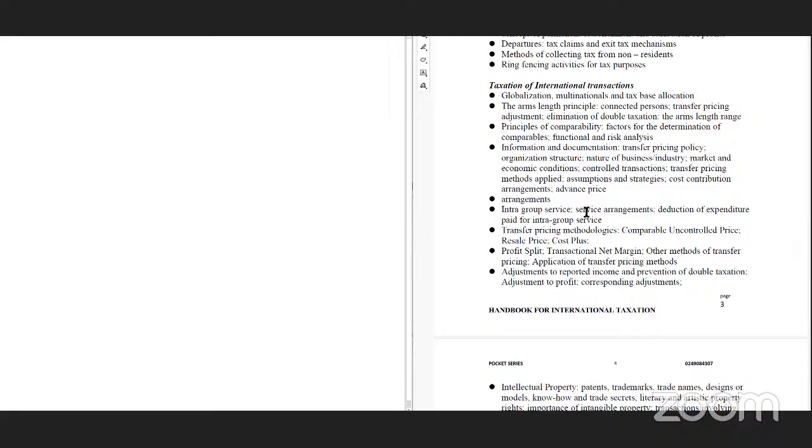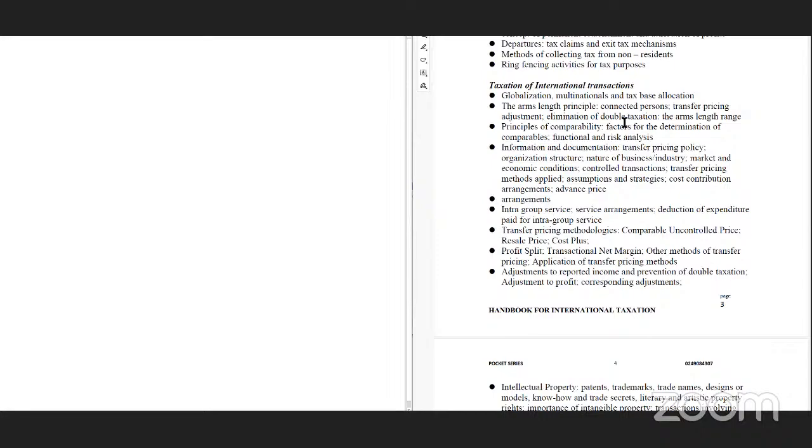Then from there, we come and look at how to deal with transfer pricing. So transfer pricing is a very broad area. So we look at globalization, multinationals, and tax-based allocation. We look at the arm's length principle, who are associated persons, transfer pricing adjustments, how to eliminate double taxation, the arm's length range. We look at comparability and comparability factors. We look at transfer pricing documentation. We come and look at what?